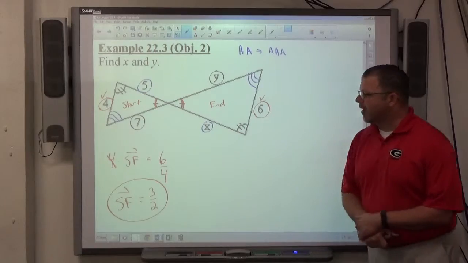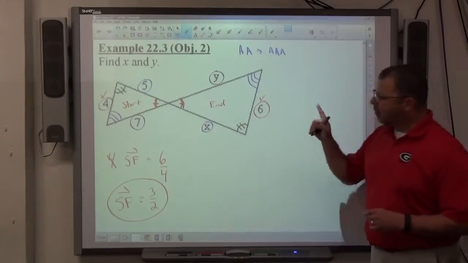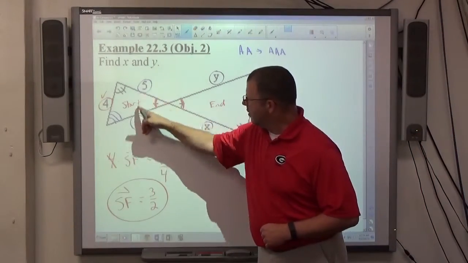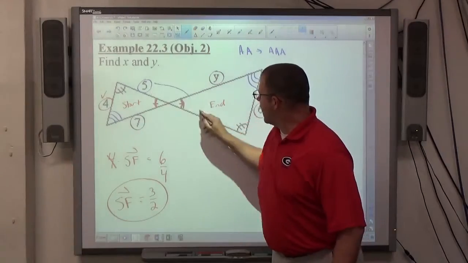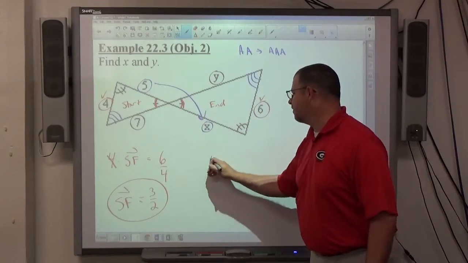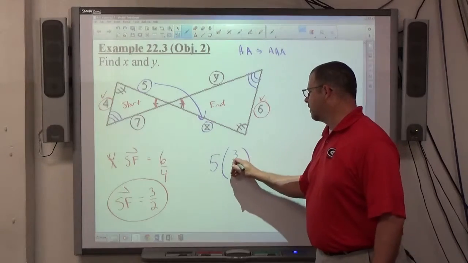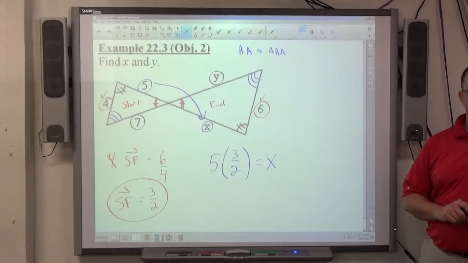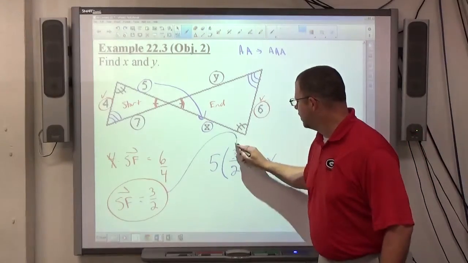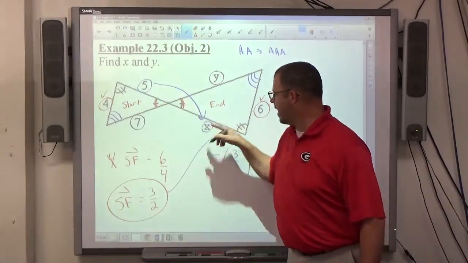Once I know what the scale factor is, that just tells me the number I need to multiply by each of these to make each of these. Alright, so looking at the blue ones, 5 to x, I know that 5 times my scale factor is equal to x. So again, once you know what the scale factor is, that's just what you're going to multiply 5 by to get x.